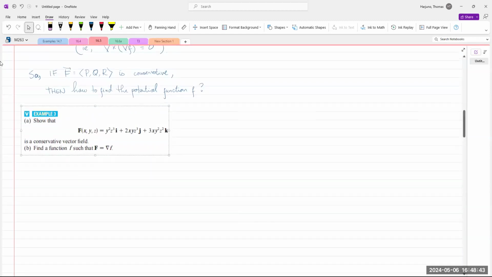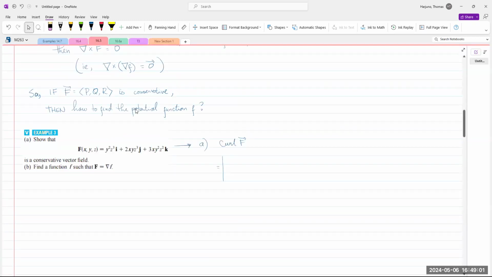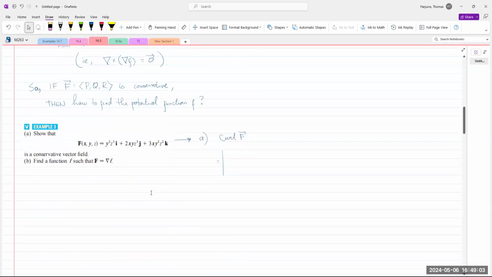How to show that a vector field is conservative, as we have seen in the previous theory: in part A, what you want to do is find the curl of F and show that the curl of F is 0.